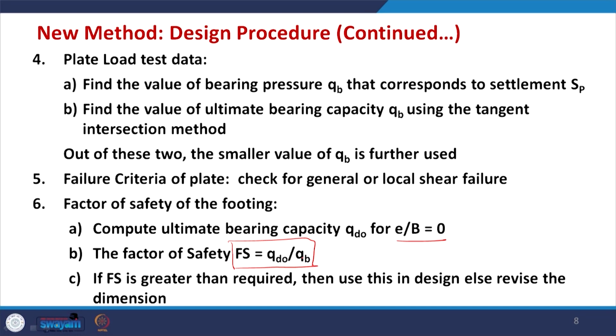If this F s ratio is greater than the required value of factor of safety, which is normally 3, then it is okay. If it is less than that, then we need to go to step 1 and revise the design. If F s is less than the required value, then you need to increase the width of the footing, so the value of B needs to be increased.